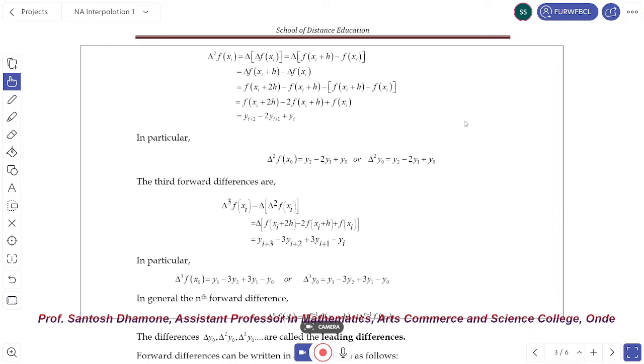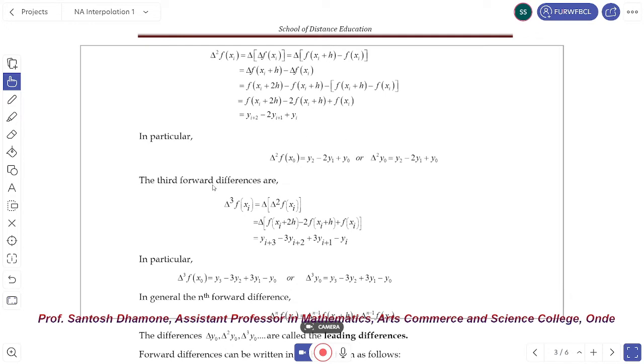This is the second forward difference of f of x_i. In particular, delta square f of x0 is equal to y2 minus 2y1 plus y0, or delta square y0 is equal to y2 minus 2y1 plus y0.